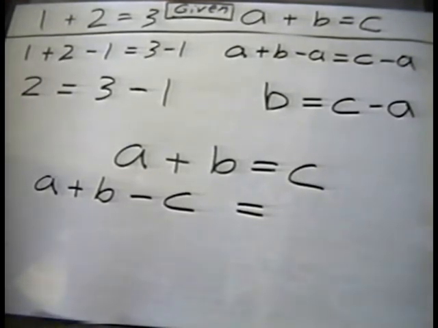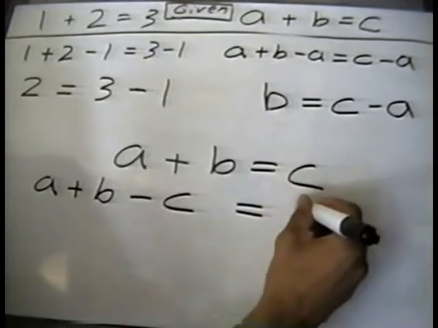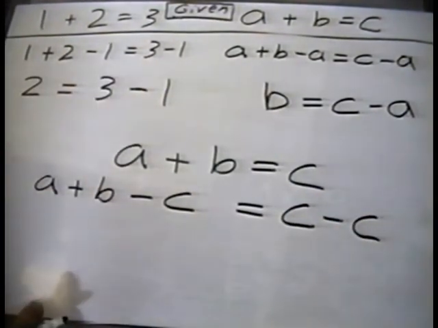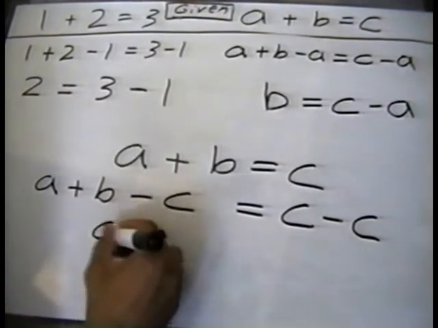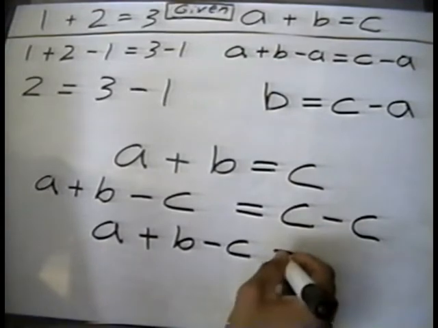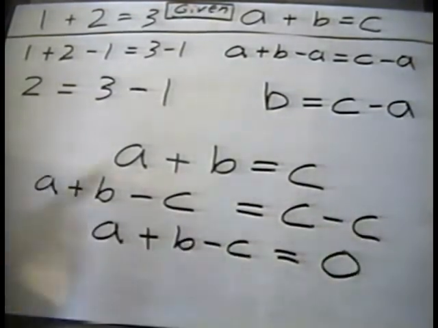So, A plus B minus C equals, well, let's say we write this out, C minus C. A plus B minus C equals 0. Okay?